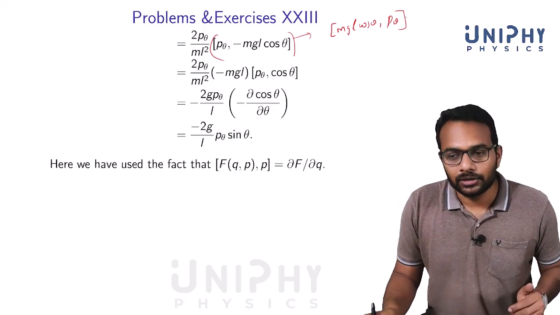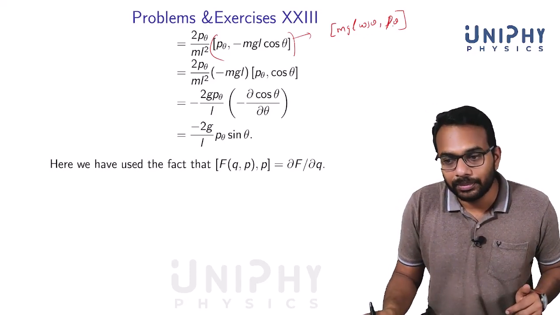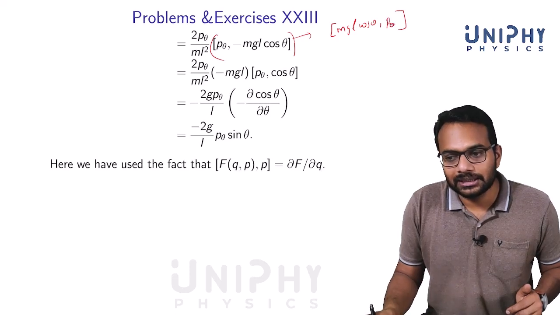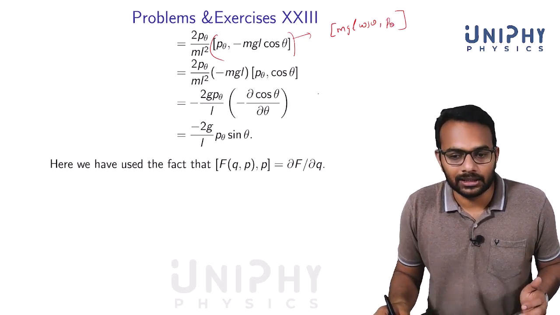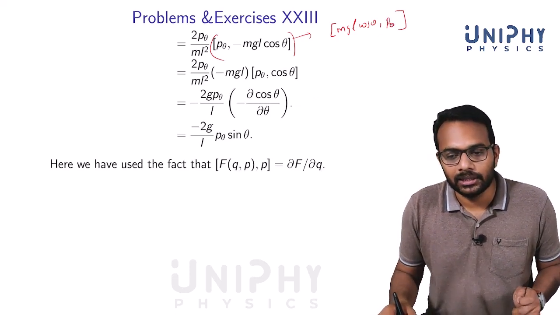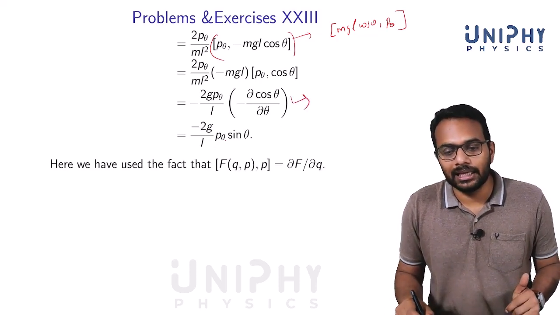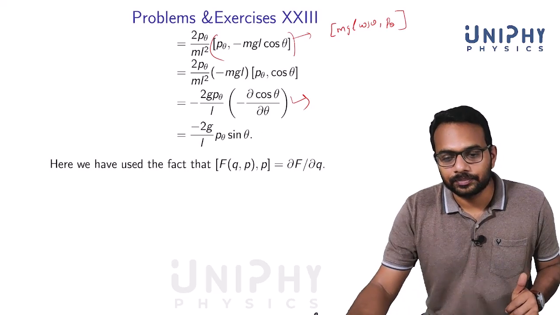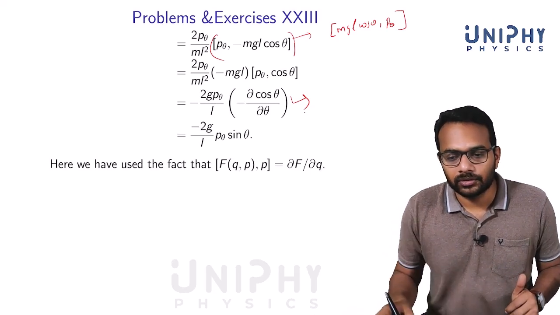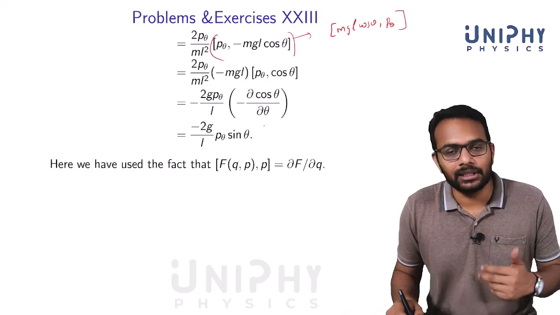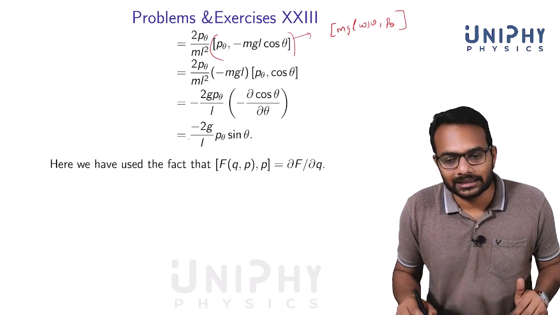So if you want to take a Poisson bracket with p_theta, you just have to take the partial derivative with respect to theta. That's exactly what we do here. It's minus 2g by L times p_theta sin theta, because when you take the derivative of cos theta, you get this extra minus sign.